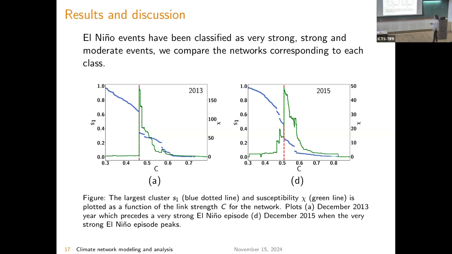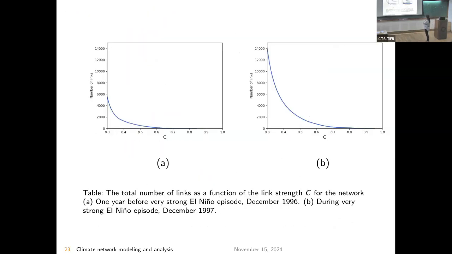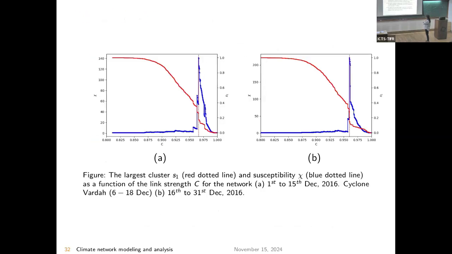We have done it for both El Nino and cyclones, but since the susceptibility pattern is quite distinct, we tried to quantize it by doing the micro transition analysis and actually predict the percolation correlation strength CC. That was the whole talk.